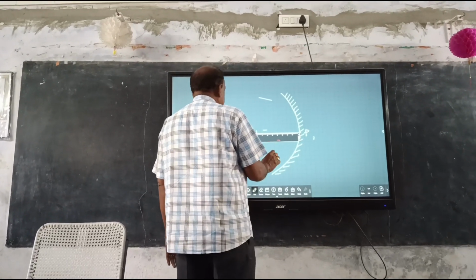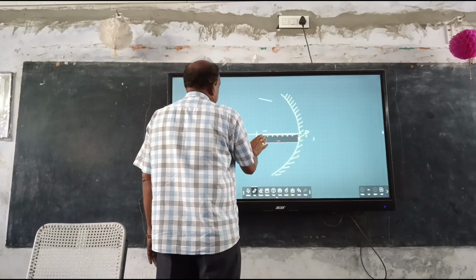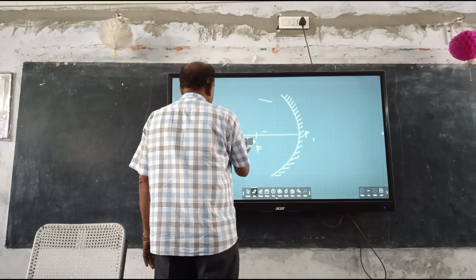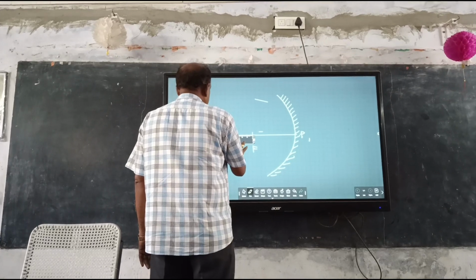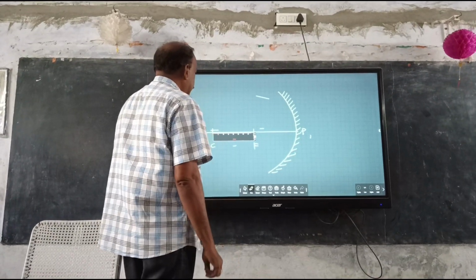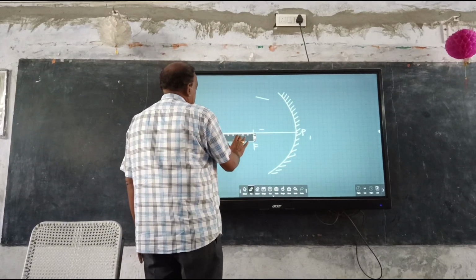Here F, another 40 centimeters. This is C.